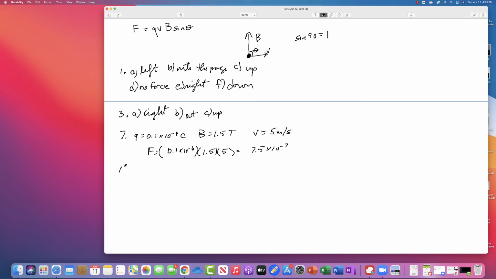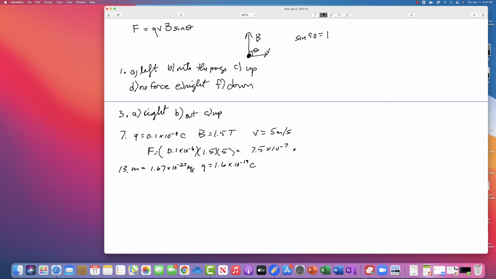Number 13. Number 13 states a proton, and we know that a proton has a mass of 1.67 times 10 to the minus 27 kilograms, you'll need to know this, and it has a charge of 1.6 times 10 to the minus 19 coulombs.